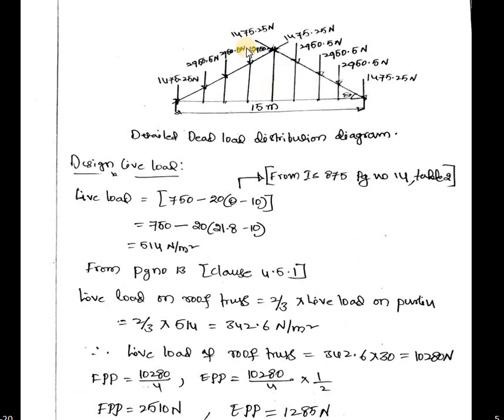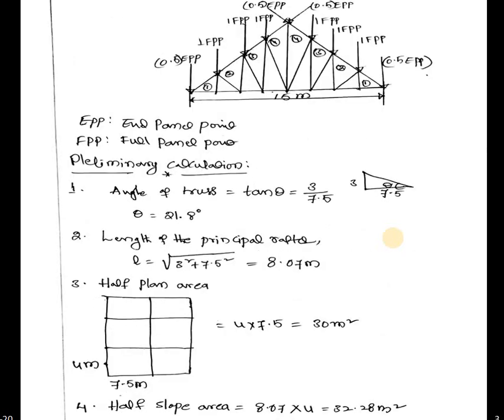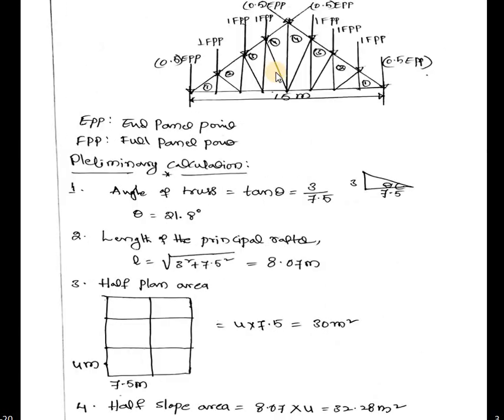The same way we should draw this type of diagram for design of live load and also wind load. Once again I am repeating, this problem especially is asking to determine dead load.